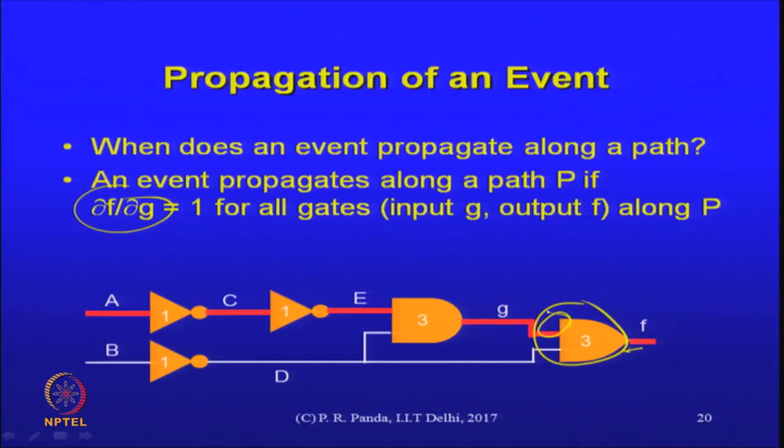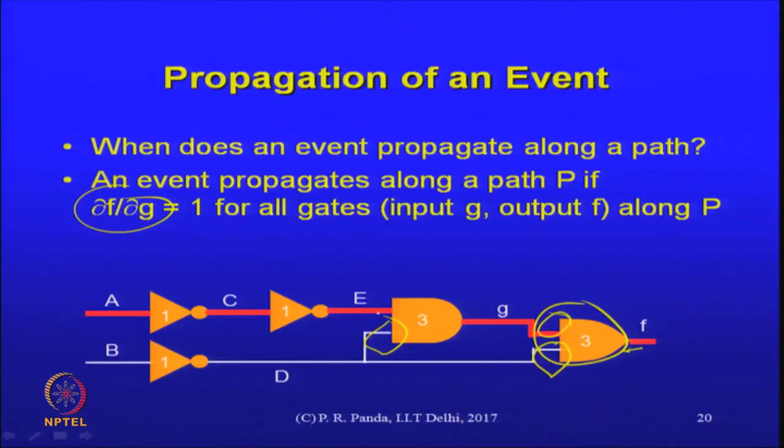If that is true, it means that events on the input will propagate to the output. So, that is what we looked at. So, it defines the conditions for the rest of the inputs of the gate.